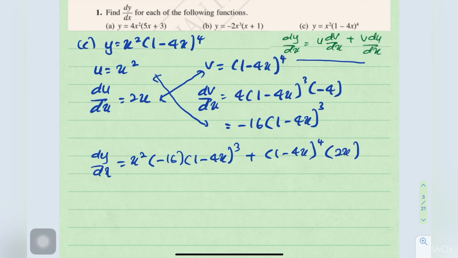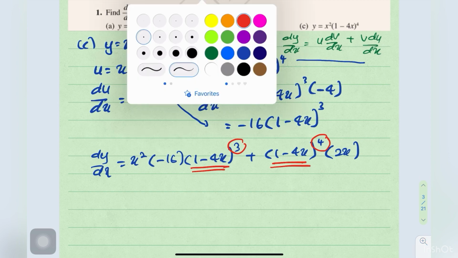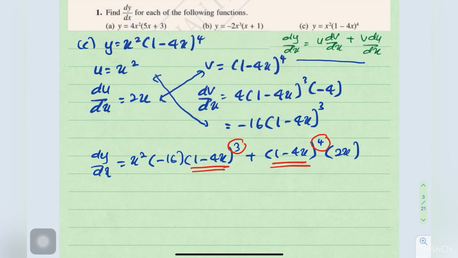Okay, so for this question we can factorize. This one and this one have a common factor, so we choose the smaller power. Here we can move out (1 minus 4x) to the power of 3.